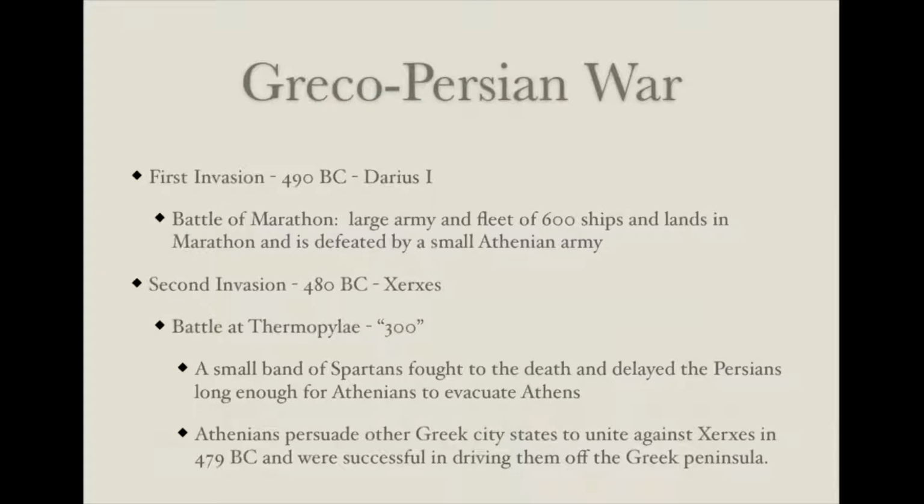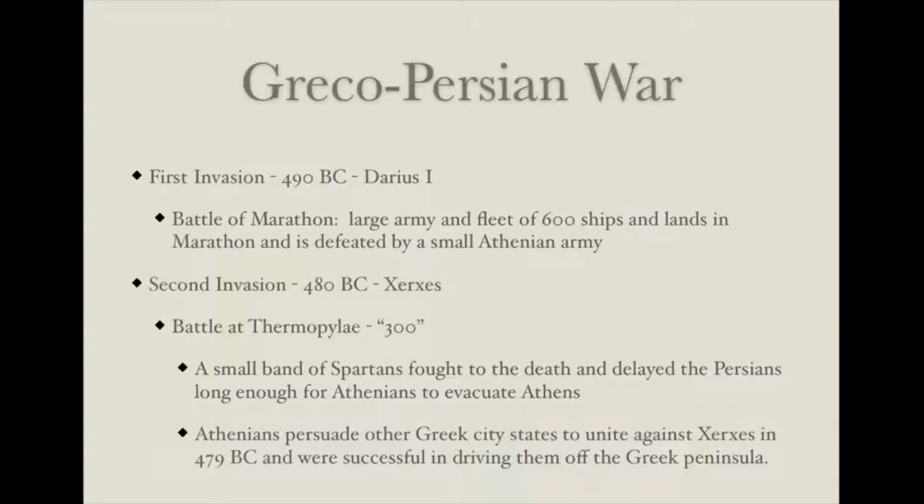And after conquering Egypt, they figured, Greece is just a bunch of separate city-states. They're always fighting against each other. Piece of cake, right? So he mounts a fleet of about 600 ships and sends a large army.